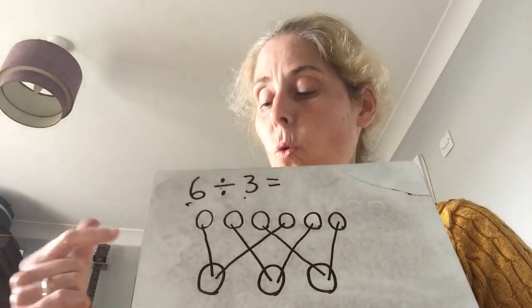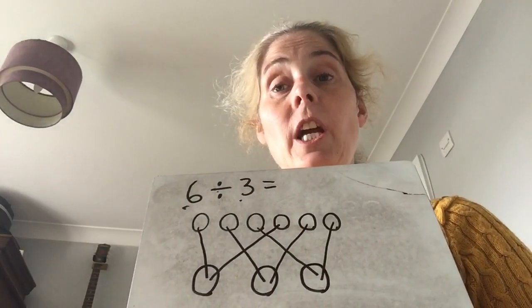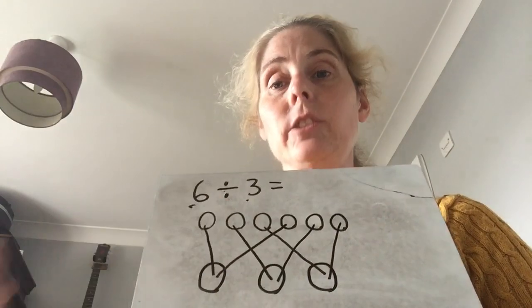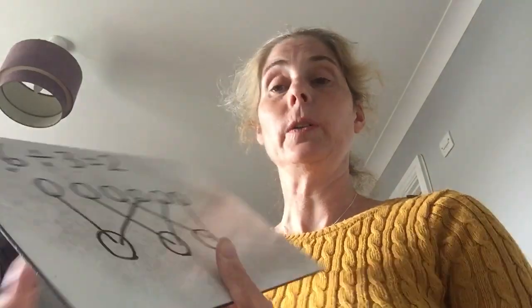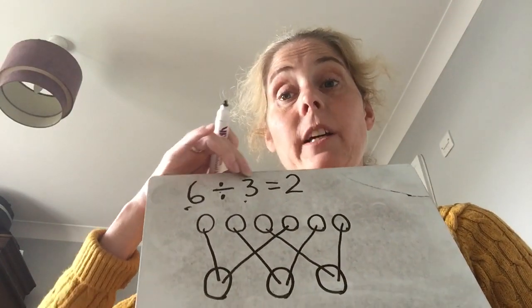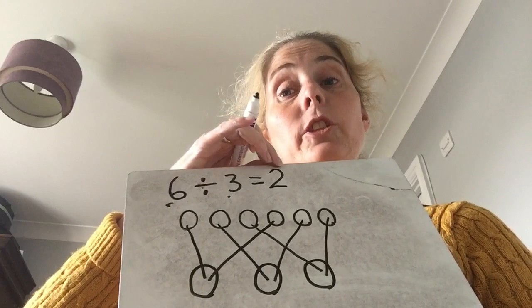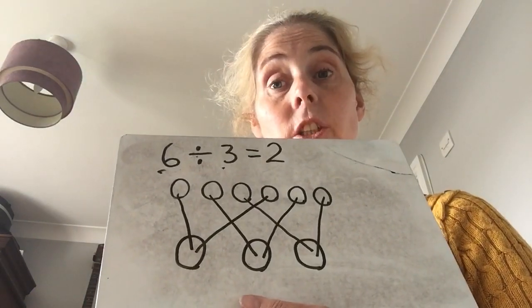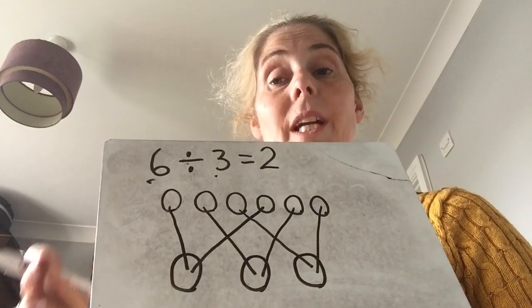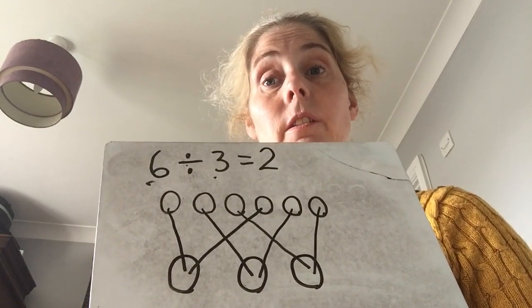Yes, they have. They've all got 2 each. And that is our answer. Each person has 2. So our answer is 2. So 6 sweets divided by 3 people is 2. They get 2 each. We have shared them equally between each person.